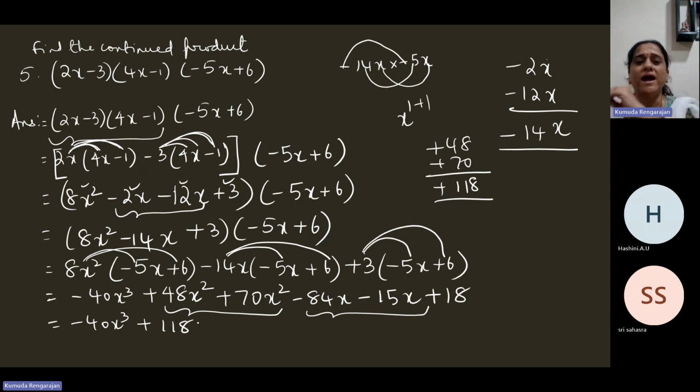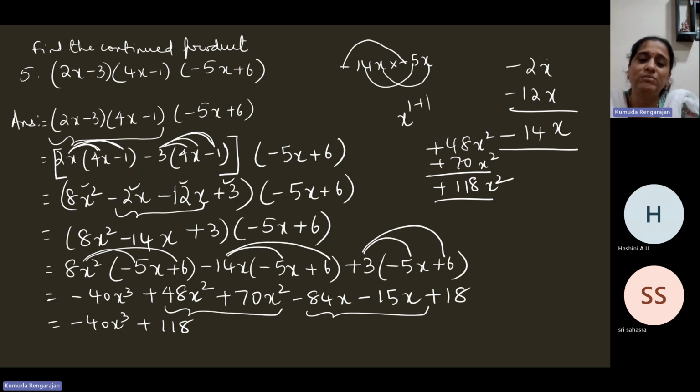No. When you add or subtract, the letters come as they are. X squared will come down as x squared only. You only calculate the numbers, not the letters.